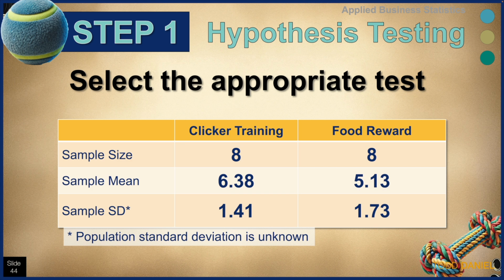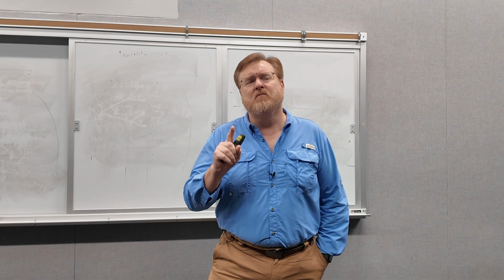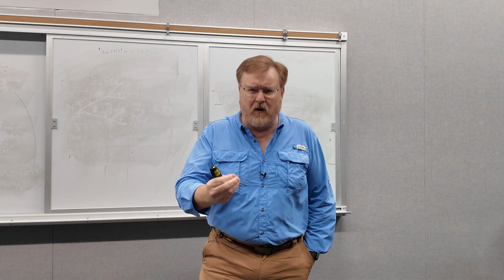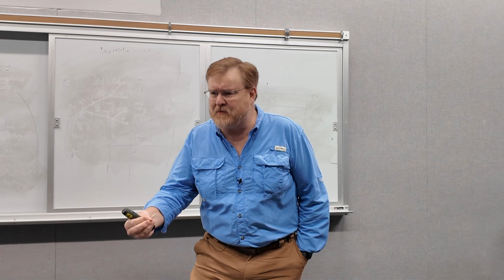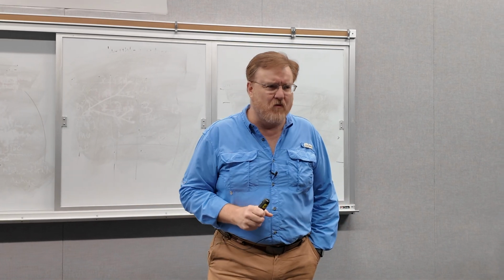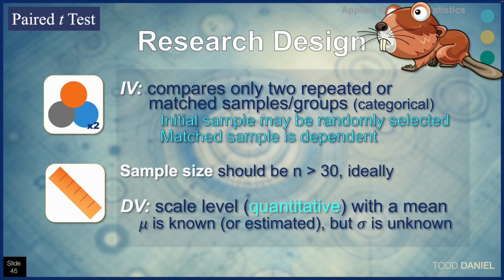They are the same sample means and sample standard deviations. If you look at a previous slide, you will notice these are all the same. We are using the same data. The means and standard deviations are the same. There's an important reason why I'm doing that, because I want to illustrate the power of a paired sample test versus the independent sample test. I'll show you more about that when we do our interpretation.